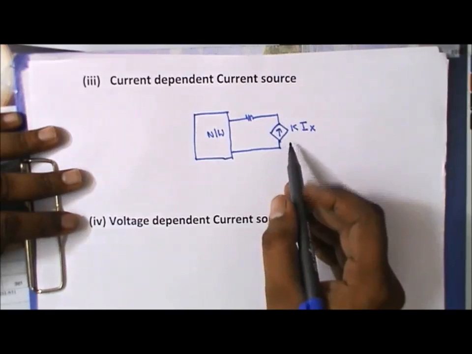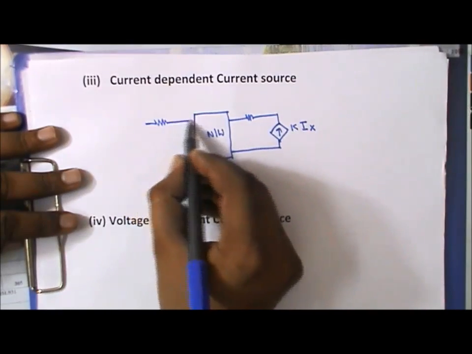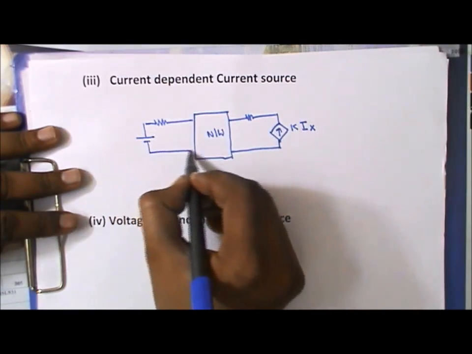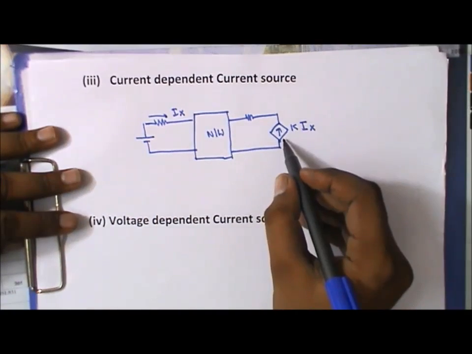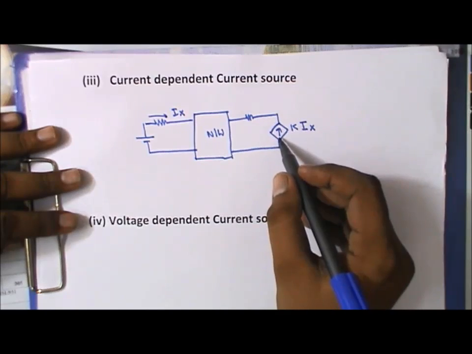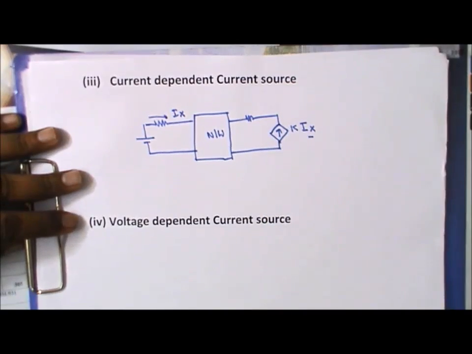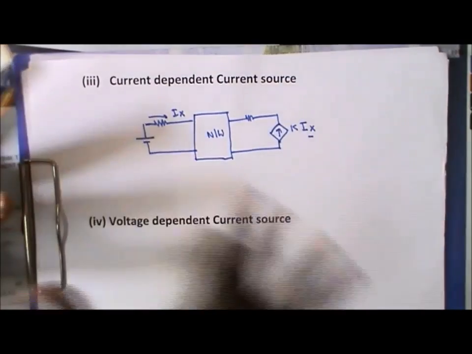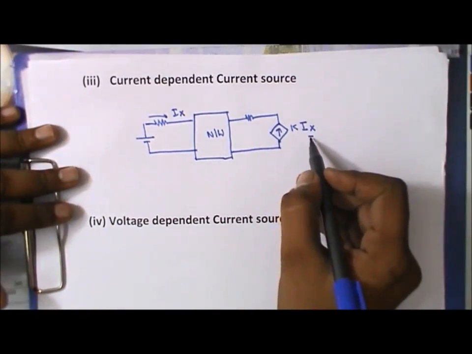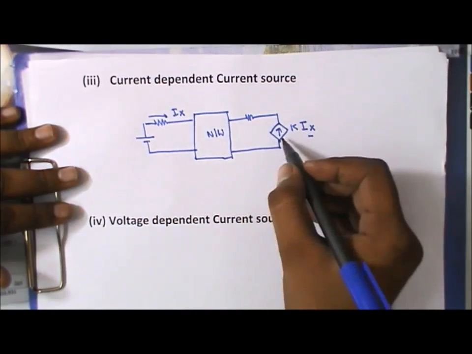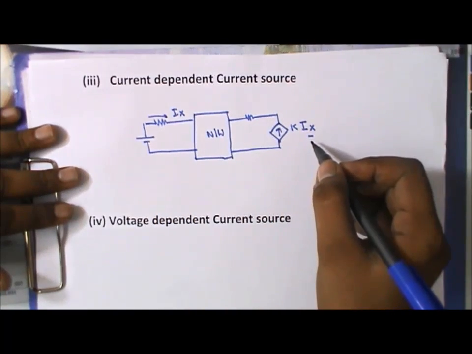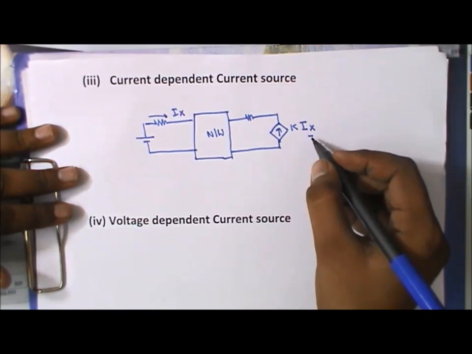This is the current source, and anywhere in the circuit, let us suppose the current Ix is flowing. The arrow indicates a current source, and it depends upon the magnitude of the current which is flowing in the circuit in any direction. In this circuit Ix is flowing in this part, so the current source depends upon the value of Ix.